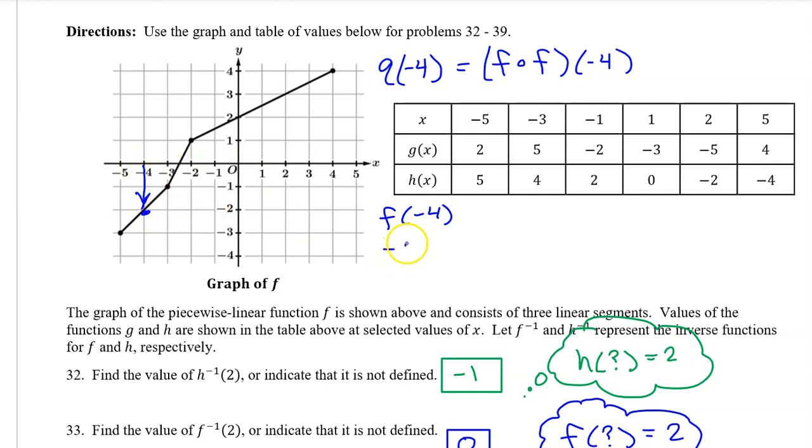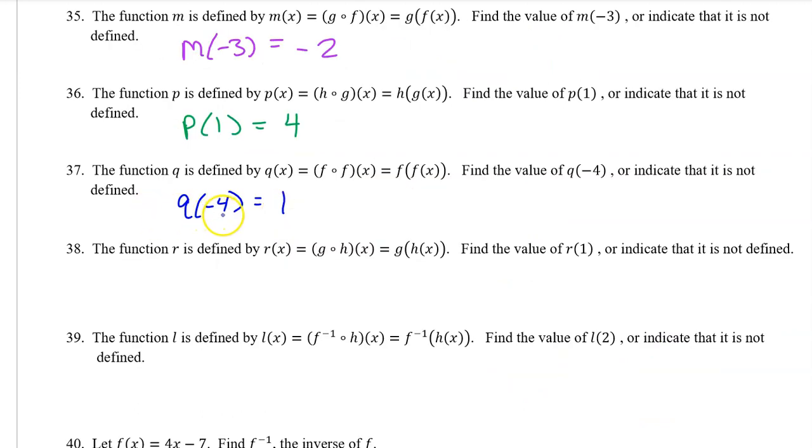F at negative 4 is negative 2. Moving to the left, we get to another f. This time we do f at negative 2. Here's negative 2 right here. F at negative 2 is 1. So q at negative 4 is 1.